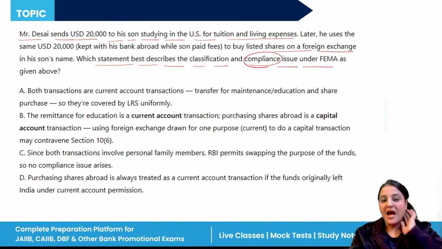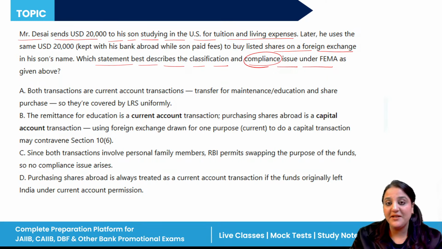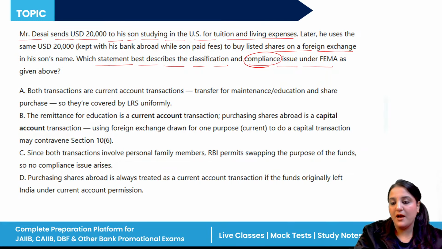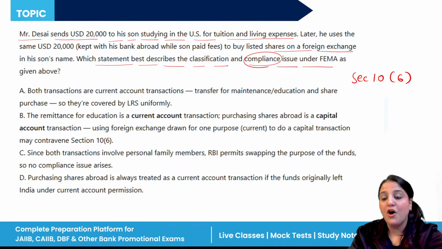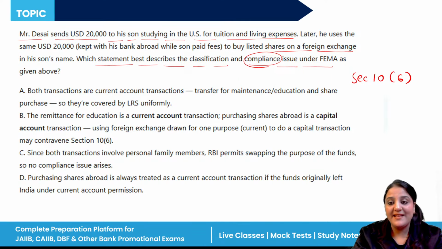We know that a current account transaction is what? It includes payments connected to travel, family maintenance, education, etc. The remittance for tuition and maintenance clearly falls under the current account. And what is a capital account transaction? That alters the assets and liabilities outside India, right? In abroad basically. Section 10 subsection 6 of FEMA tells about what? Misuse of foreign exchange.